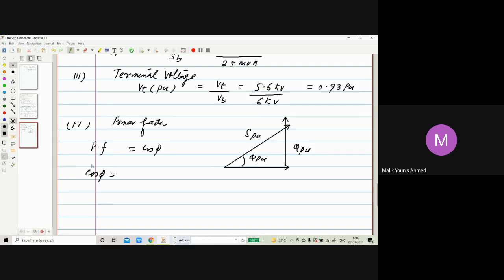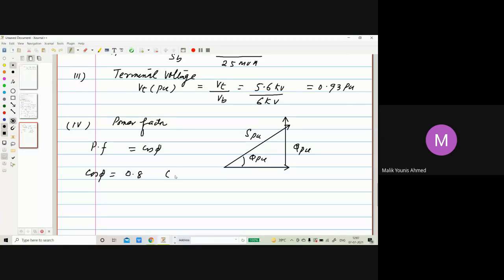Mumin, can you tell me what will be the value of the cos phi? We derived this yesterday. It will be the same value. I said yesterday that this doesn't change, angles don't change. You don't need to find it, it is 0.8.